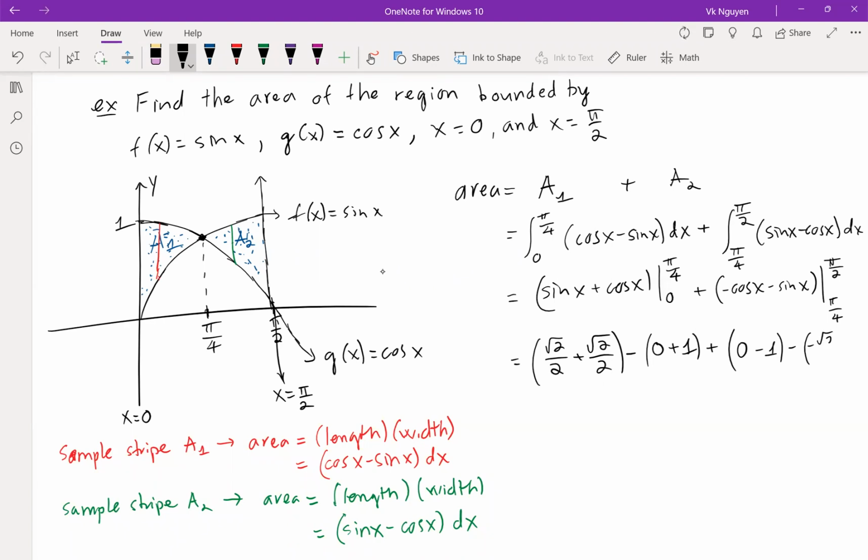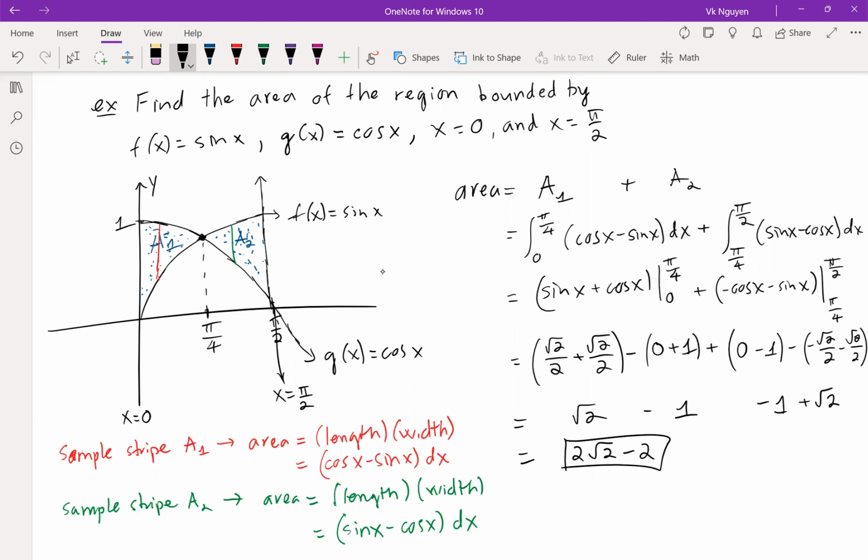So we need root 2 over 2 minus root 2 over 2. Okay. Work it out, then we will have root 2 minus 1 minus 1 plus root 2. So we have 2 root 2 minus 2 as the area.